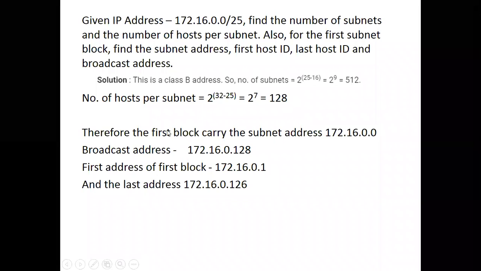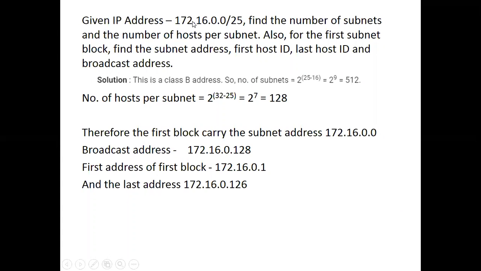So the first block, if this is the initial address, the network address, then 172.16.0.0 will be your subnet address for the first block. Then you have the broadcast address.